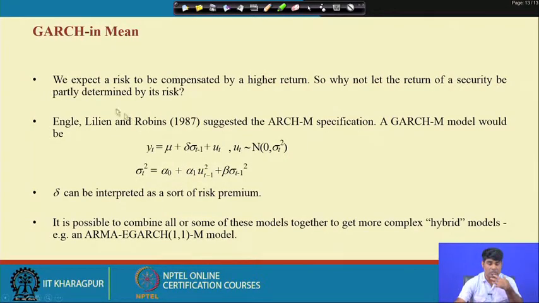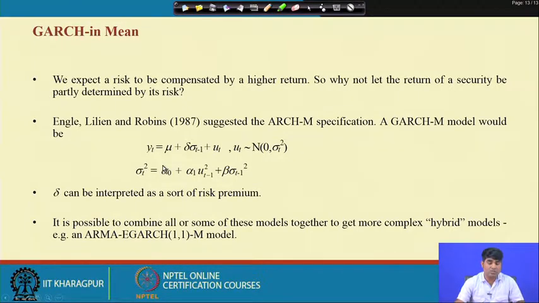Then, GARCH in mean structure: we expect a risk to be compensated, again in the financial engineering scenario. So, why not let the return of a security be partly determined by its risks.